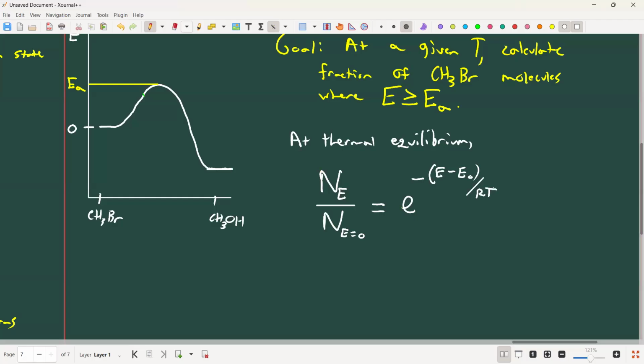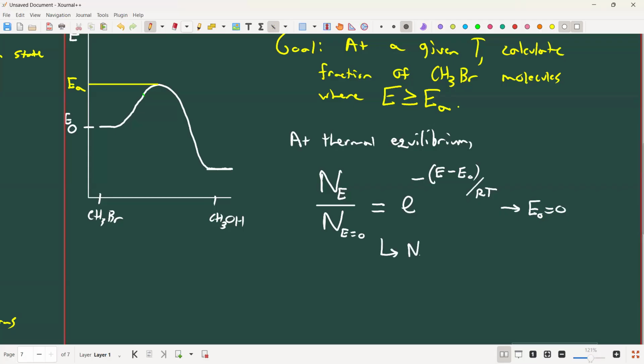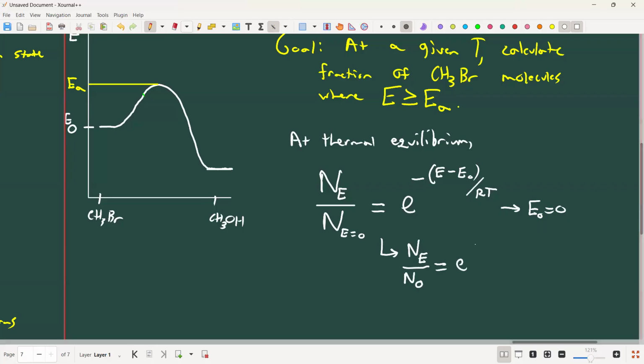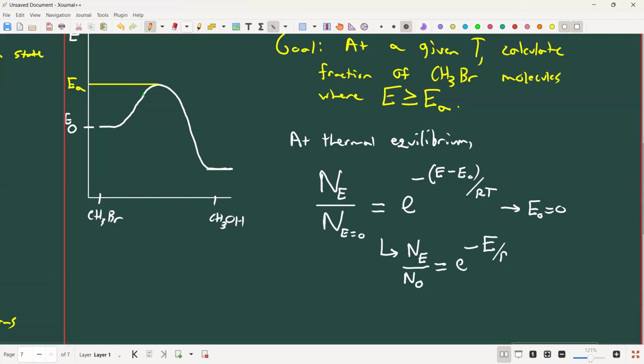Our Boltzmann equation. And by definition, we'll set E0 equal to 0.